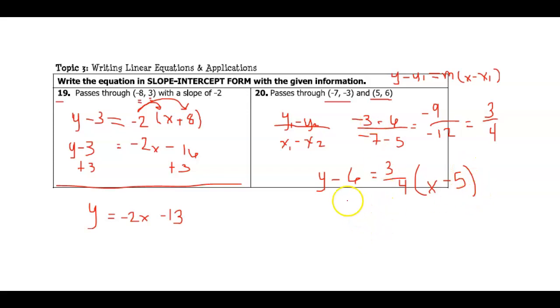I want to put this in slope-intercept form, so I have to distribute this 3/4 throughout the parentheses. So I would have y minus 6 is equal to 3/4 x minus 15/4.